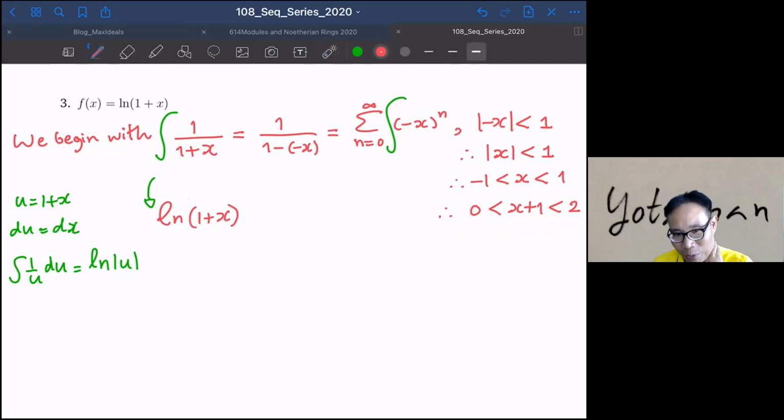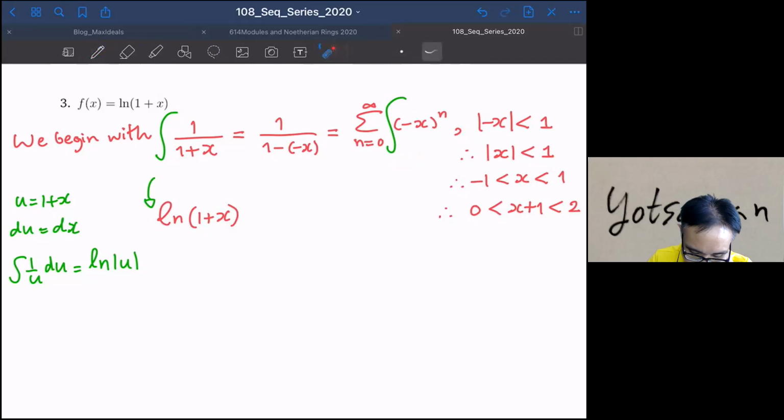You might ask, why don't we have absolute value? Because you know that 1 plus x is positive, so you can ignore the absolute value. And you see on the other side that you're going to integrate this guy.